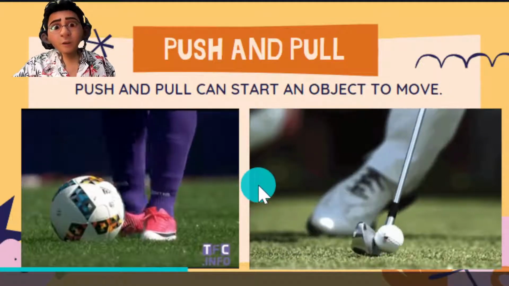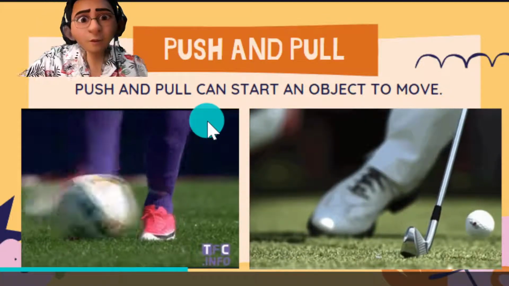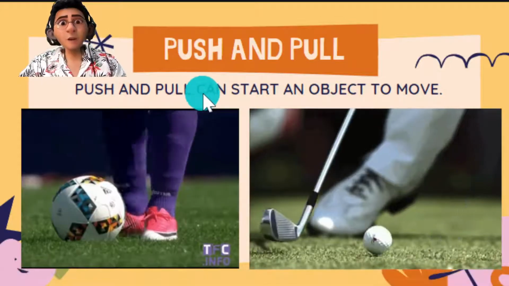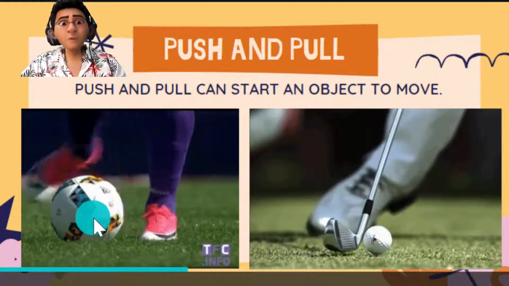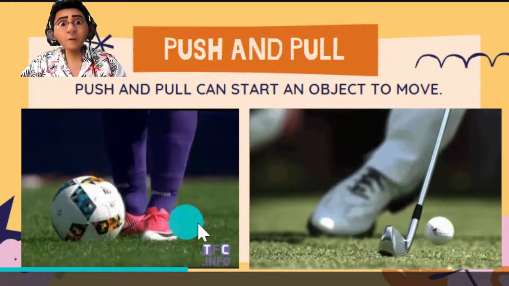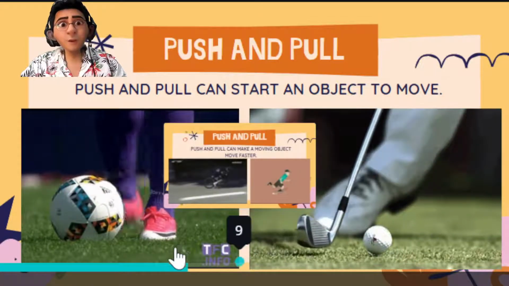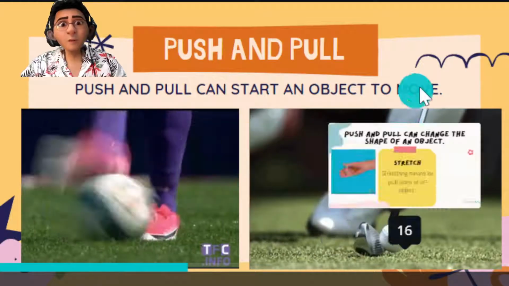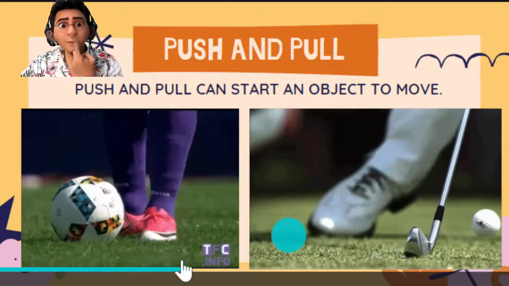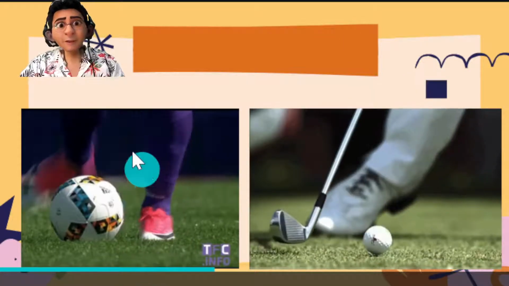Now again, let us remember push and pull can start an object to move from not moving. When we push or pull, it becomes moving. Not moving, tidak bergerak, jadi bergerak. Next.